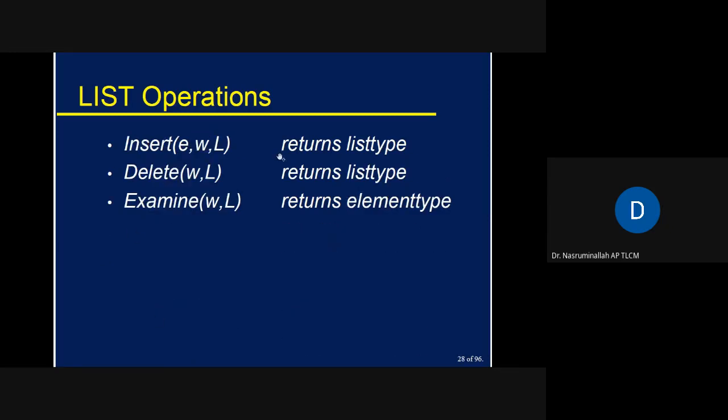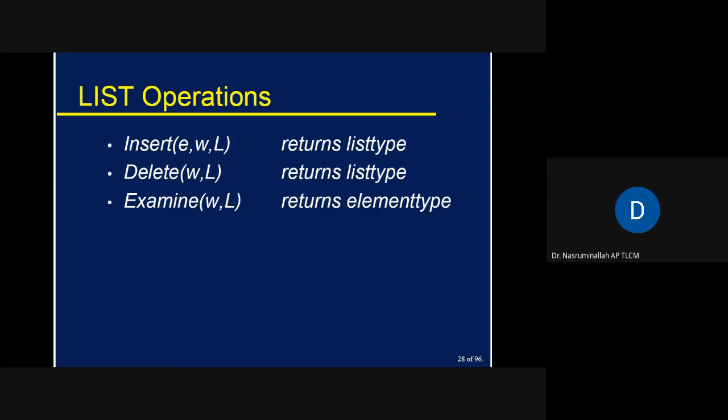Insert E W L will be used to insert an element E at window location W within the list L, and this function will return a revised list containing the newly inserted element. Delete W L is used to delete an element that exists at location W within the list, and it will return the updated list in which the element is already deleted.